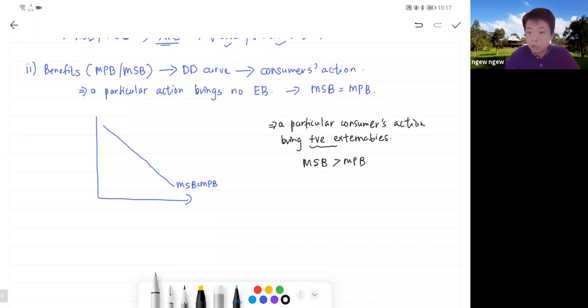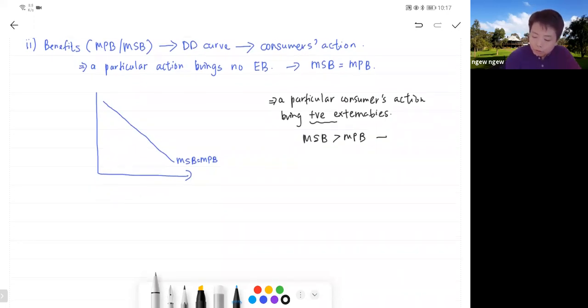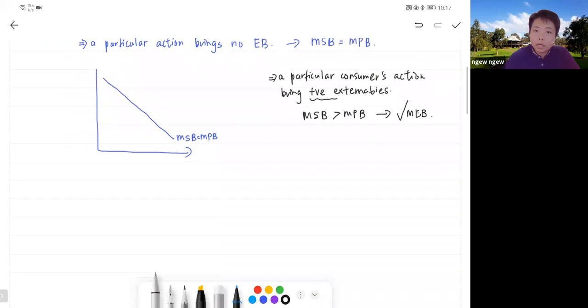The social benefit is greater than private benefit, which means this action consists of external benefit. So how to identify the level of external benefit from the diagram? This time around, we can no longer show only one demand curve, because since MPB and MSB are not equal, you will have two demand curves.